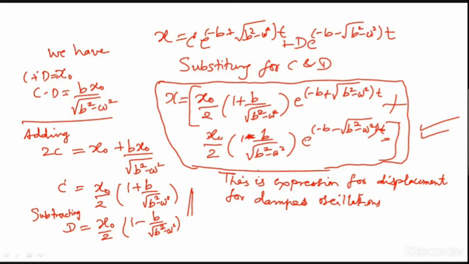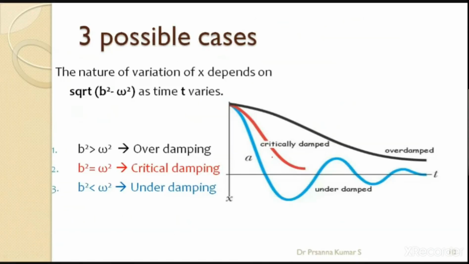Therefore, we can have two or three different cases. The nature of x depends on the square root of b square minus omega square, and depending upon that, the displacement also varies.